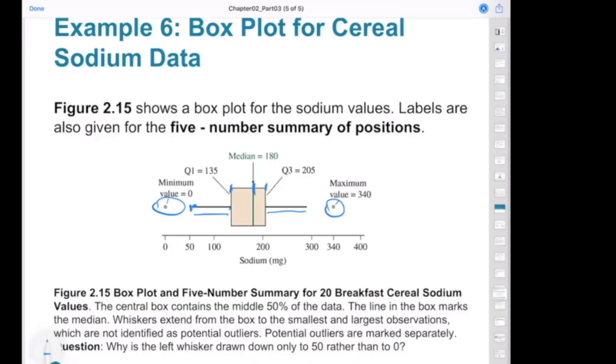And the same thing for the other side. This distance from the third quartile to the largest value within the 1.5 interquartile range. Because above these two limits, you have outliers, and you will put stars to see them on the graph.